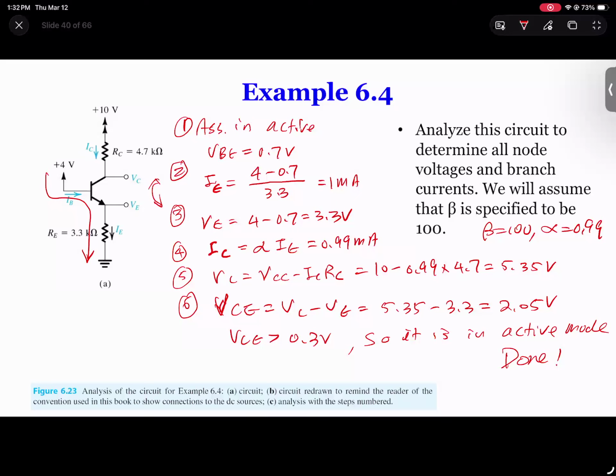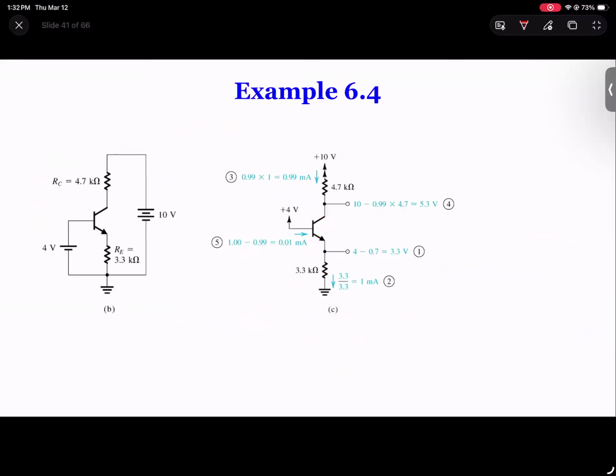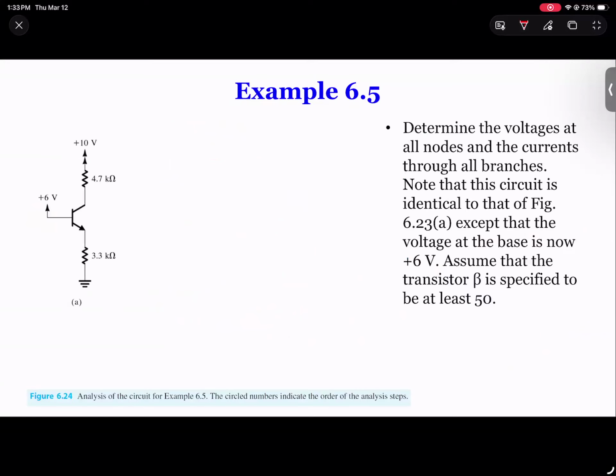If your VCE is less than 0.3, sometimes it's a negative number, which means you did it wrong. VCE cannot be negative. Therefore, you have to go back to assume it's in saturation and do everything again. Of course, the process is going to be slightly different. So let's look at the actual solution.